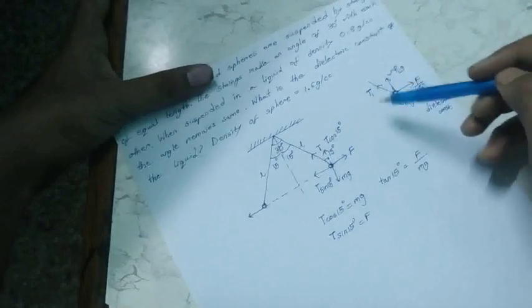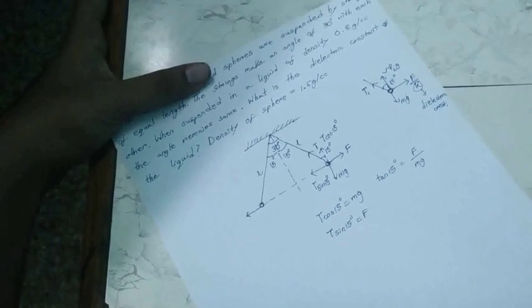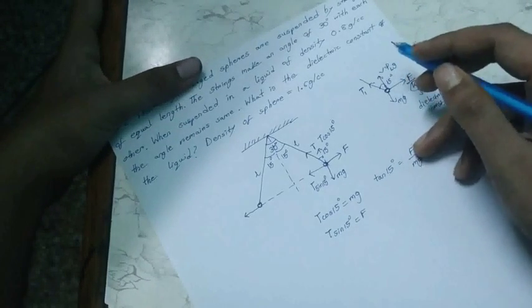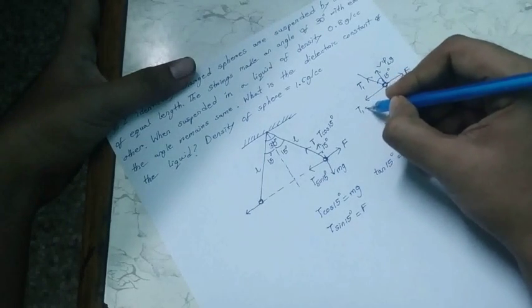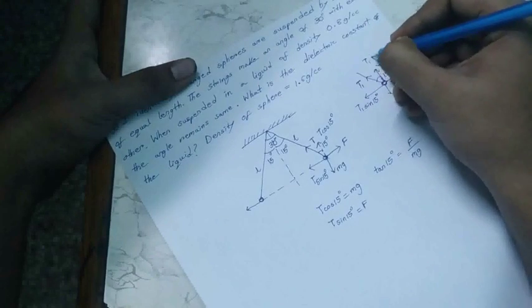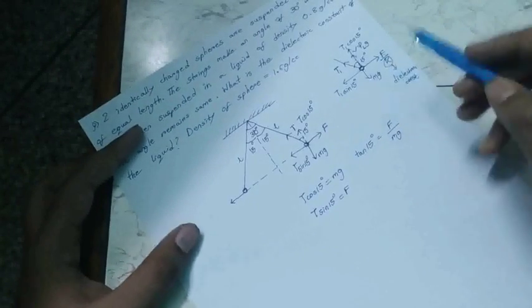So again this angle will be 15 degrees, this angle will again be 15 degrees. Now we will resolve T1 into two components, that is T1 sin 15 degrees and T1 cos 15 degrees. Here T1 cos 15 degrees is again upward. So we'll write down the equilibrium equations for the second case.